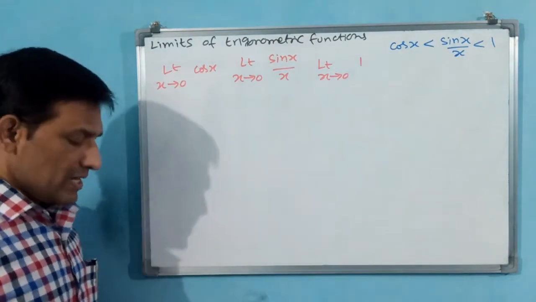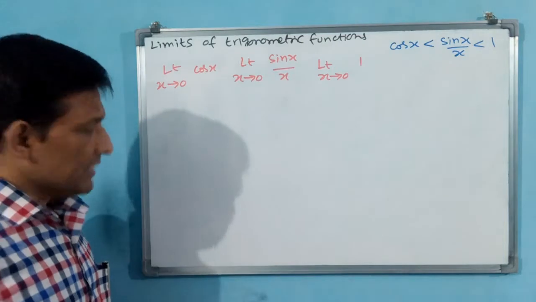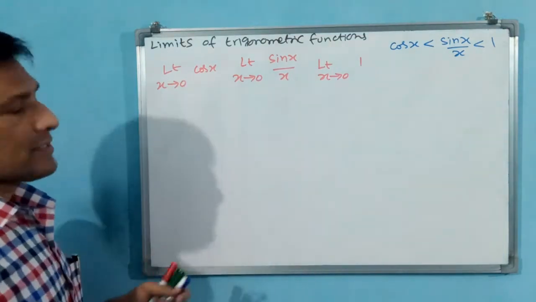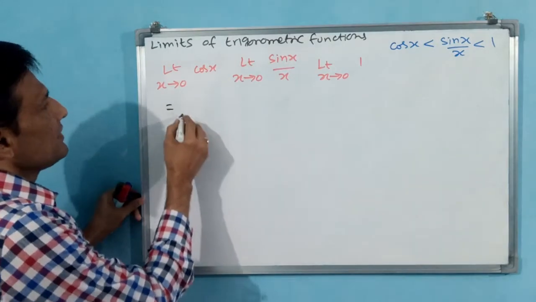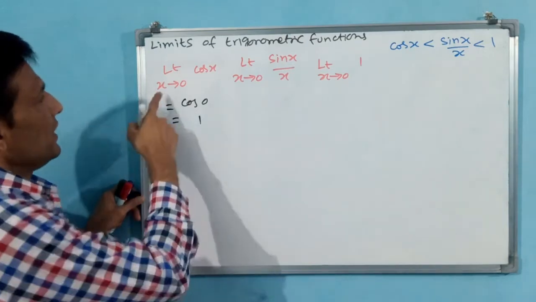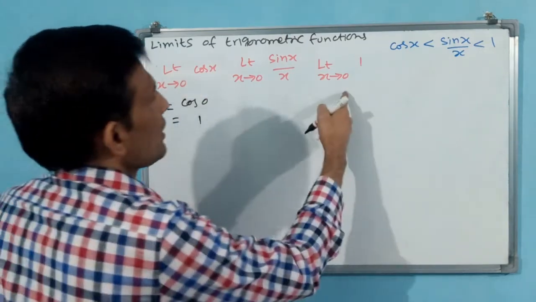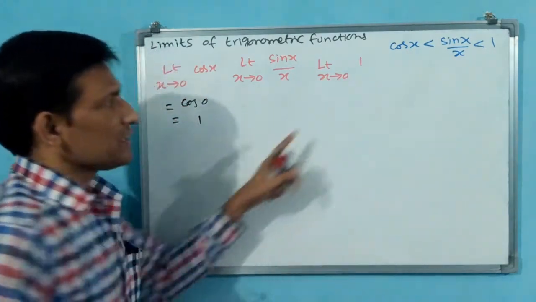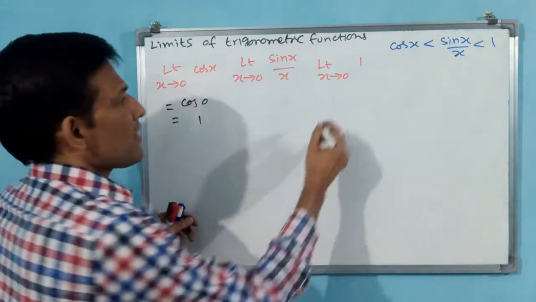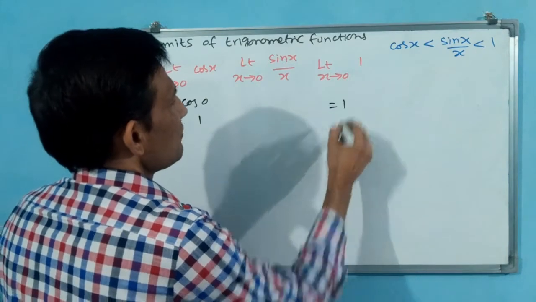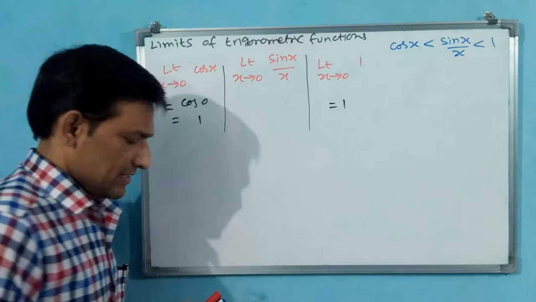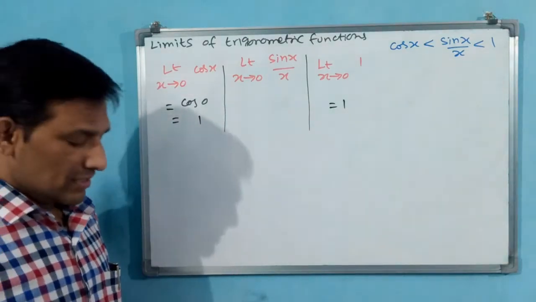First come here, take it like a function only. What will be cos x if you send x inside? Cos 0, that will be 1. Come here, what will be limit x tends to 0 of 1? This is a scalar, no x, so 1 only. Okay, you understand now?